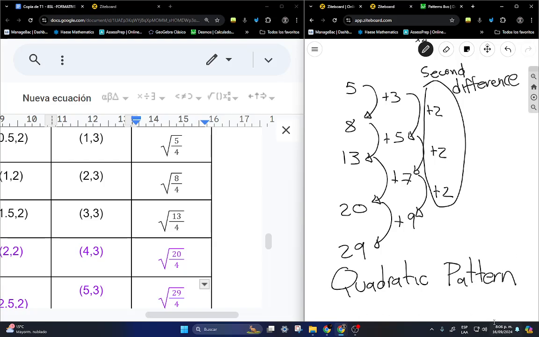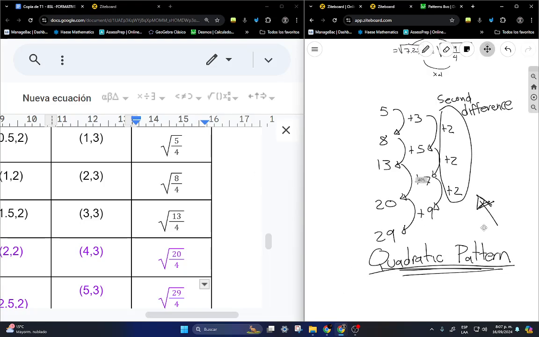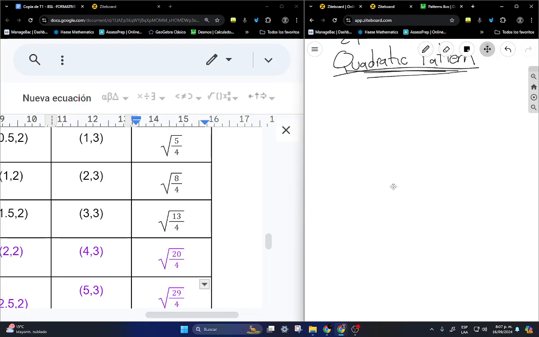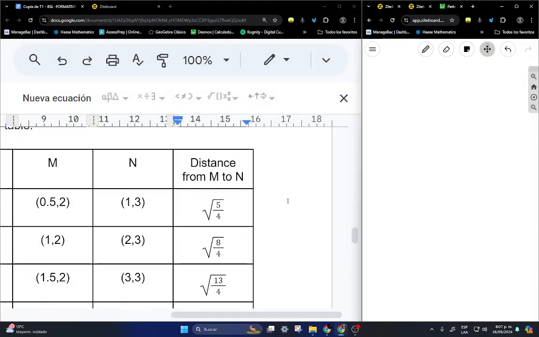This is something that you will learn really soon, but now you can start recognizing patterns where the second difference is always the same, and the first one not. So the numerator follows that kind of pattern, but what's good about it is that you didn't need to know that, because you could find it from the context, because you know these are distances between points.